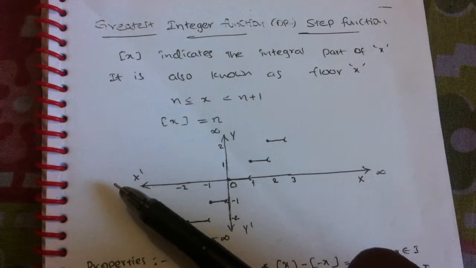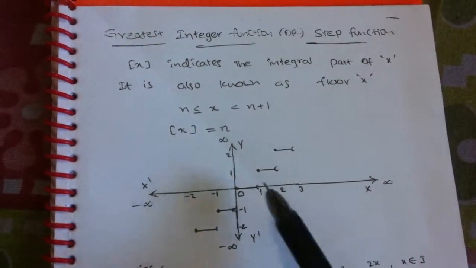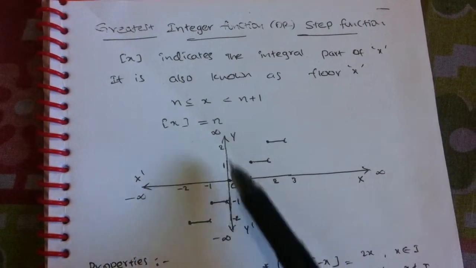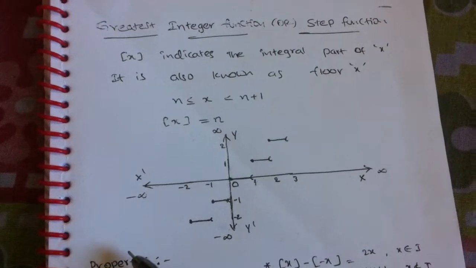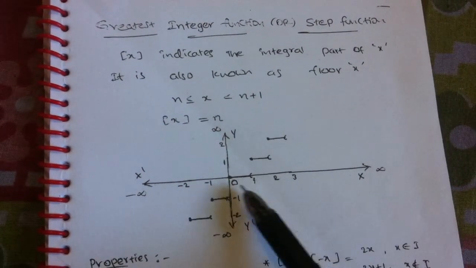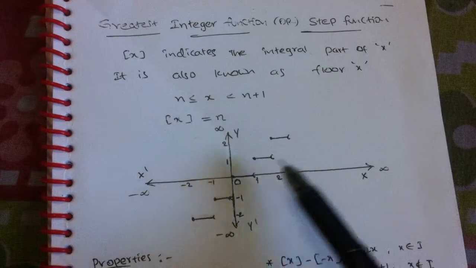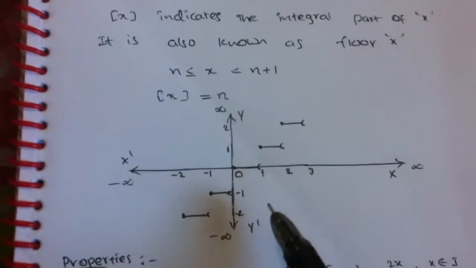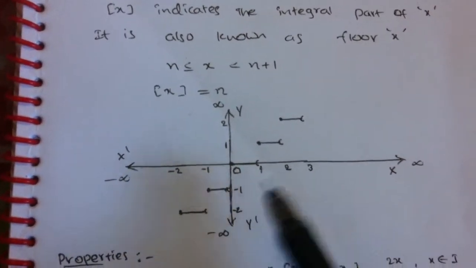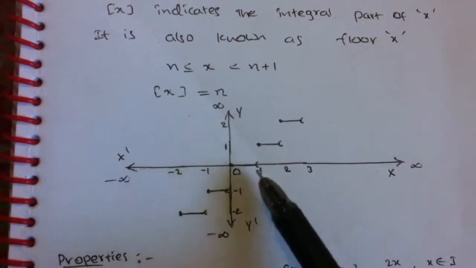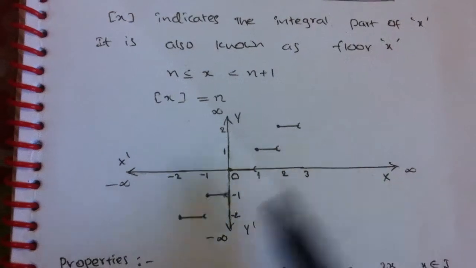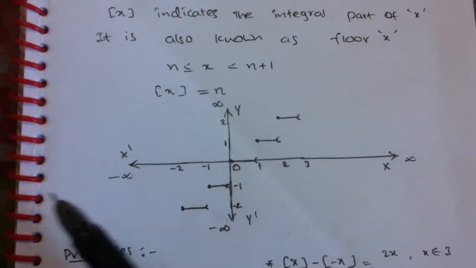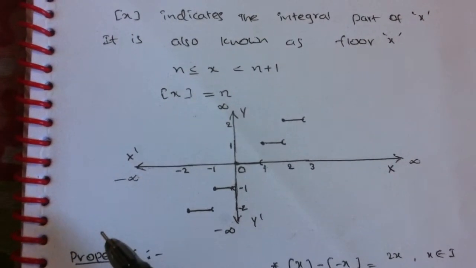For example, look at this graph. This is the x-axis, origin, y-axis. The x-axis is also called the real line: 0, 1, 2, 3 and so on. On the left-hand side, 0, minus 1, minus 2 and so on up to minus infinity.